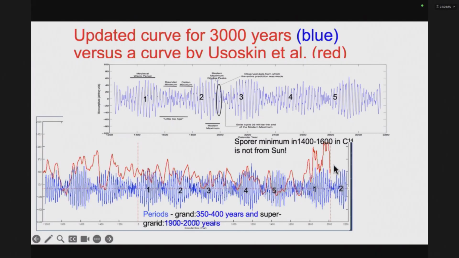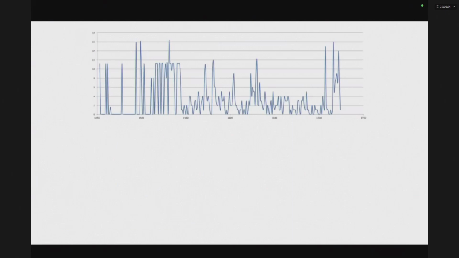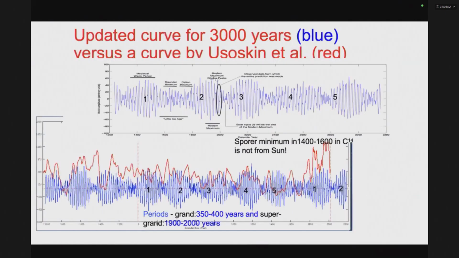So this is our modern grand solar minimum, and then this is the Maunder minimum, Wolf minimum, Oort minimum, even this one, this Homeric minimum. They're all here. The only difference is that their curve shows the Spörer minimum in 1400 to 1600, while in the Spörer minimum, we see that it has to be the maximum amplitude of the cycle maximum.